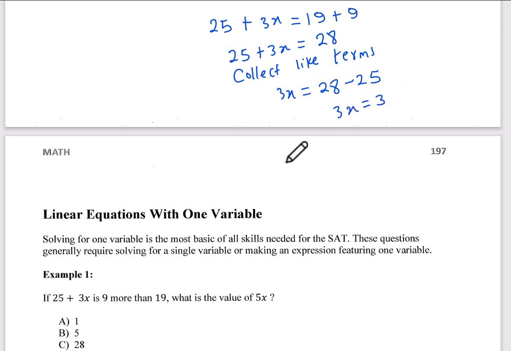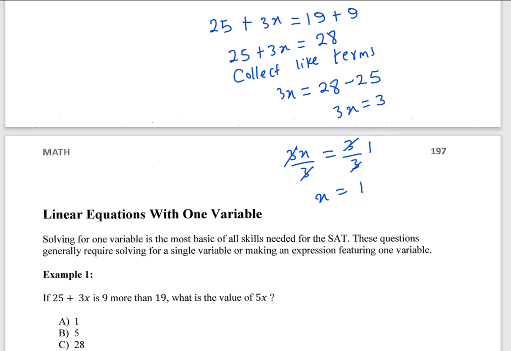At this point, you can divide both sides by the coefficient, which is 3. So 3x divided by 3 is equal to 3 divided by 3. Let's cancel out, and you can see that x is standing alone. So we've been able to isolate x. Then 3 divided by 3 is 1, because whenever a number divides itself, the answer is 1.